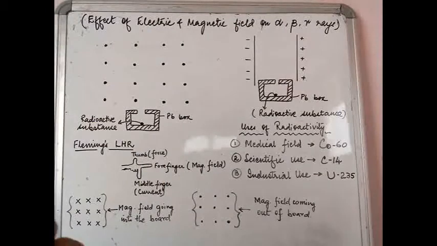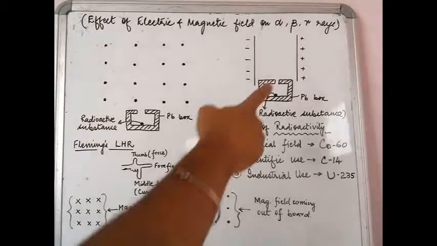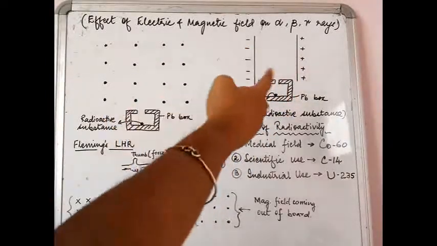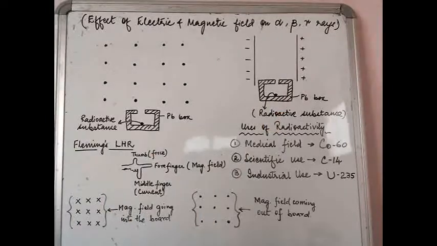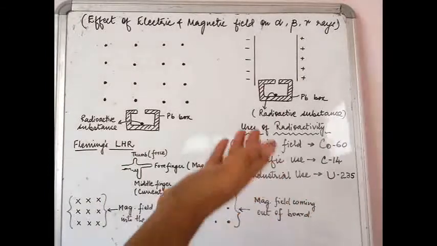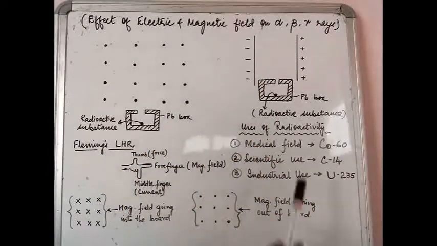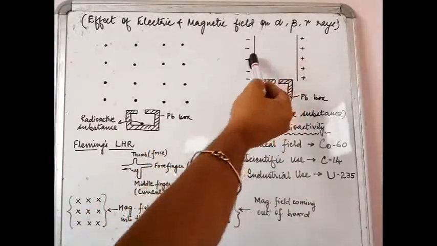Okay, so one by one we will study the effect of this particular electric field. As you can see, now what do we understand by the electric field? Basically, you can understand electric field as a combination of positive and negative charges which are kept on either sides in the form of maybe metallic plates. So as you can see over here, these two are the plates.